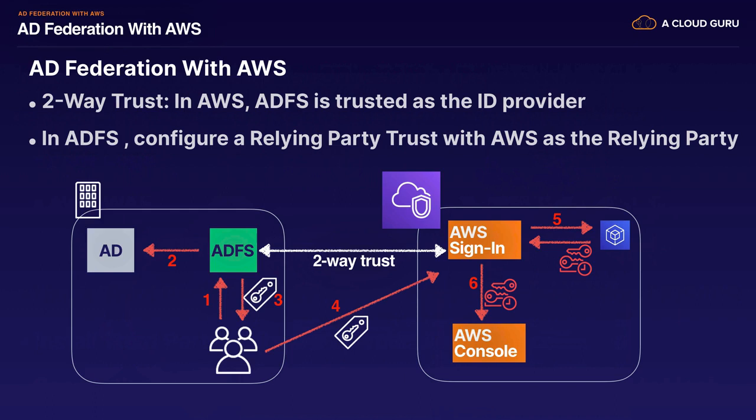Then in step 5, the AWS sign-in endpoint calls the Assume Role with SAML API to request temporary credentials to the AWS console. Then finally, in step 6, the AWS sign-in endpoint redirects the user to the AWS console. So from the user perspective, their session is redirected seamlessly and they only need to log in once.